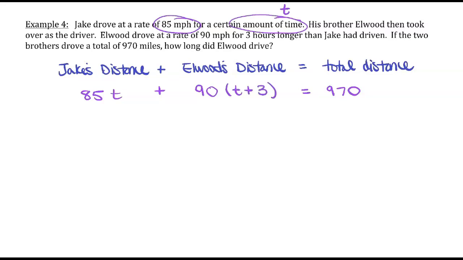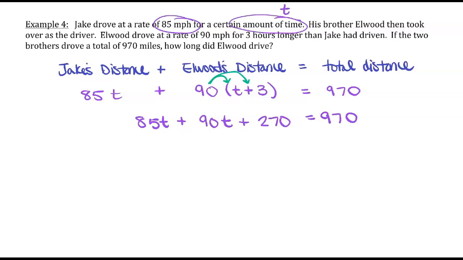And now we have an equation that we can solve. Let's start by distributing the 90 to the t and the 3. 90 times t is 90t, and 90 times 3 is 270. This gives us 85t plus 90t plus 270 is 970.